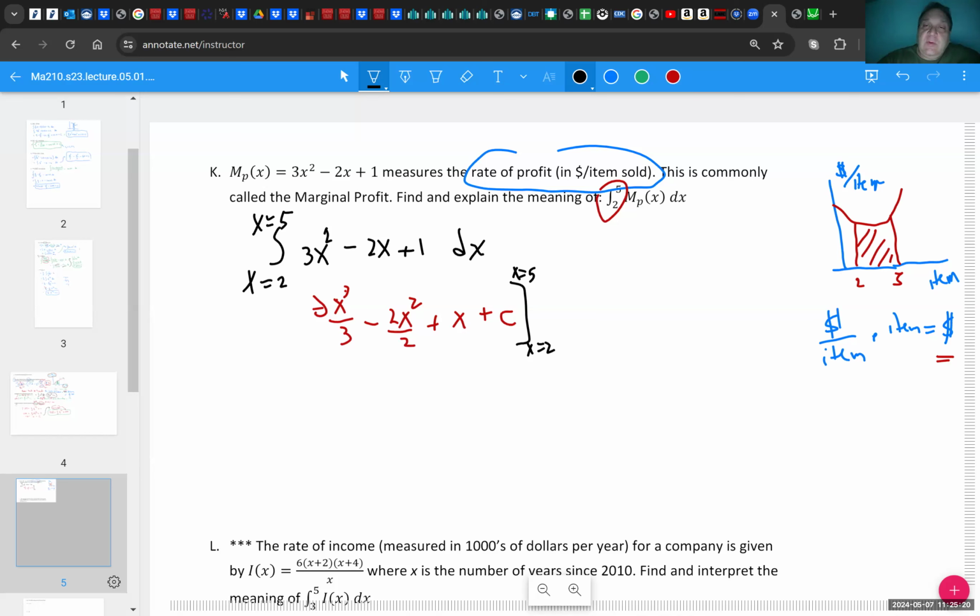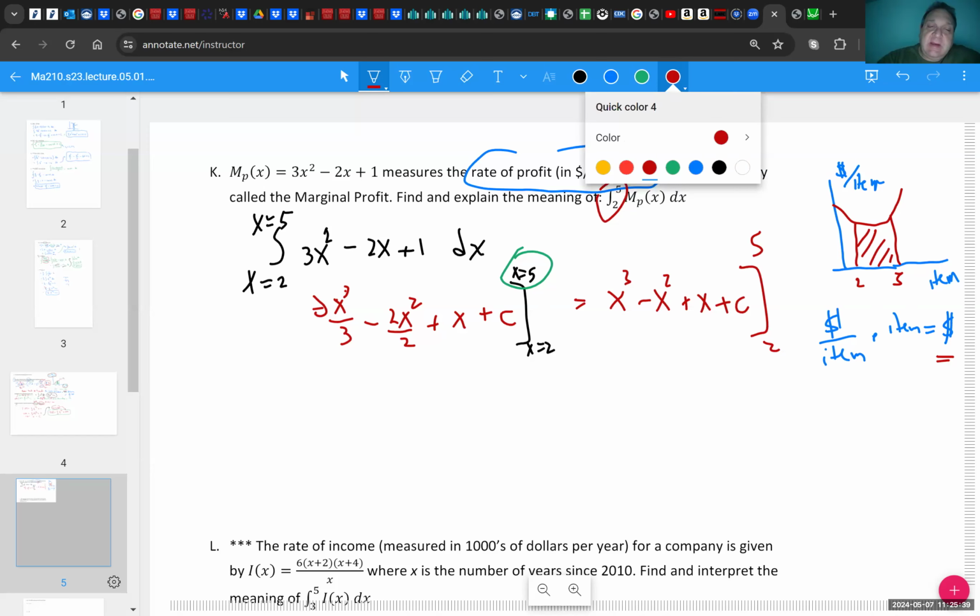Okay, so when I plug in the top number, I plug in 5. Oh, I'm just going to simplify this, I guess. This is going to be x cubed minus x squared plus x plus c from 2 to 5. All right, so let's just do the calculations.